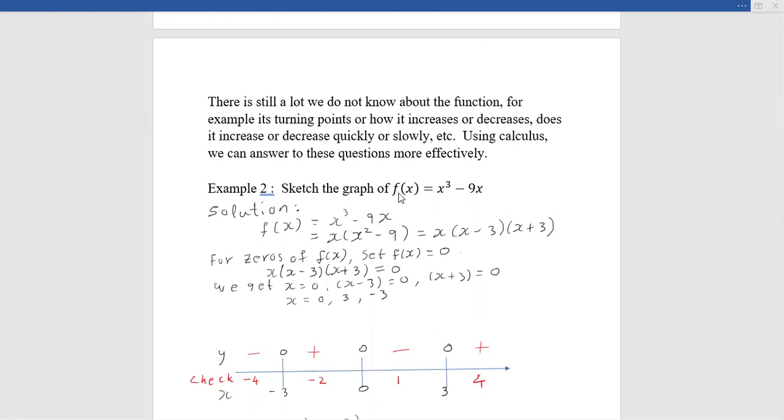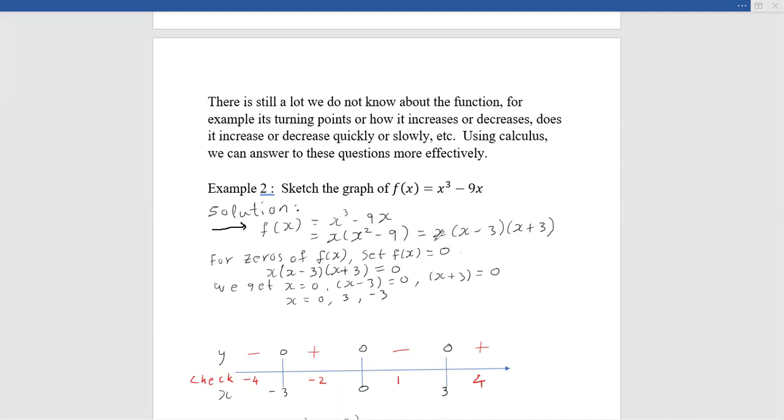Sketch the graph of this function, x cubed minus 9x. What we have to do is the thing we are very familiar with. We want to find zeros. For that, we factor this function, take x out, we get x squared minus 9, and this is a difference between two perfect squares.